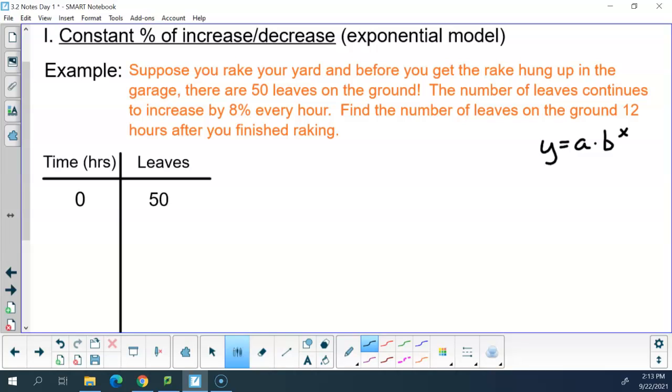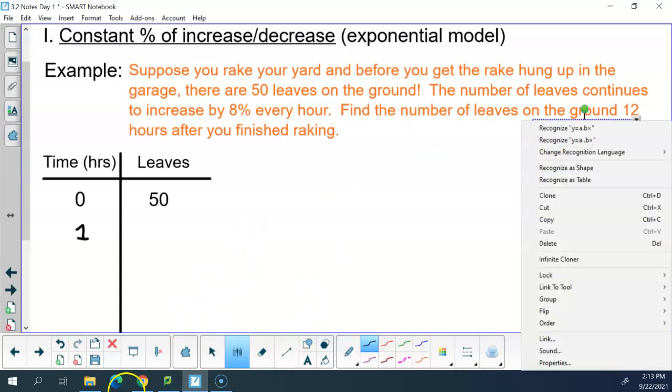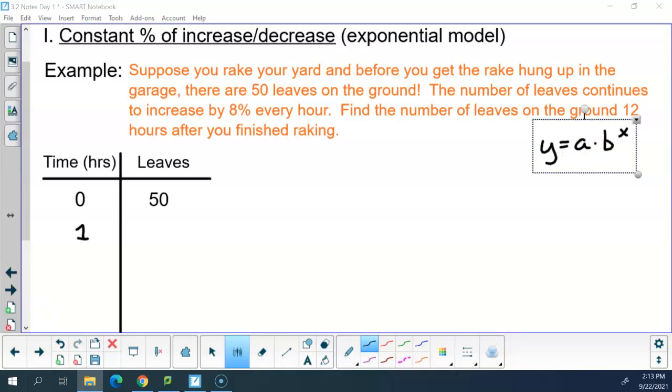Okay? 1 hour later, and you all have a calculator in order to calculate this, how many leaves are on the ground? 54?